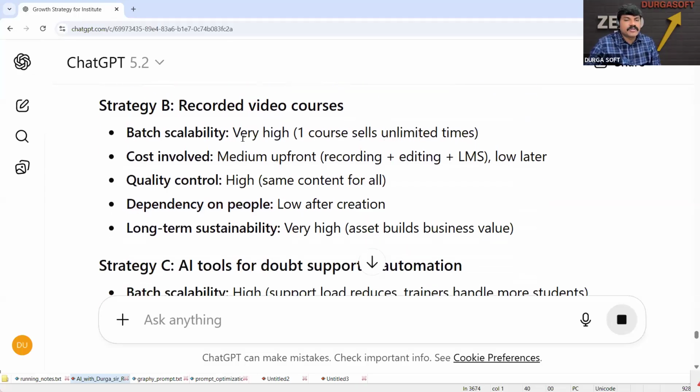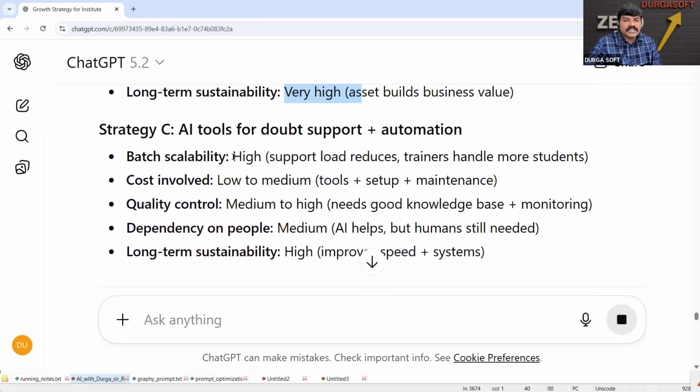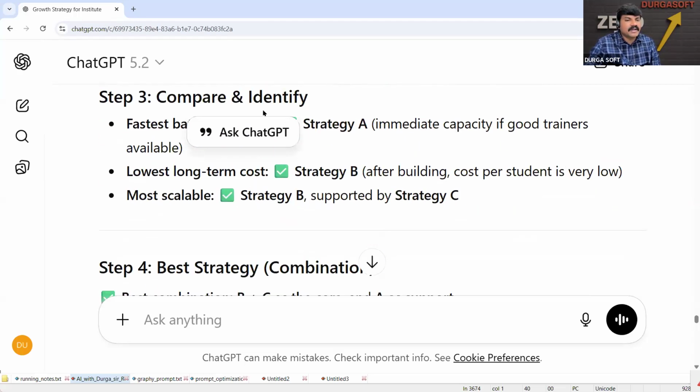Recorded videos: batch scalability very high, one course sells unlimited times, cost involved medium, quality control high, dependency on the people low after creation, long-term sustainability very high. Asset builds business value. AI tools: batch scalability high, with low to medium to high ratings.